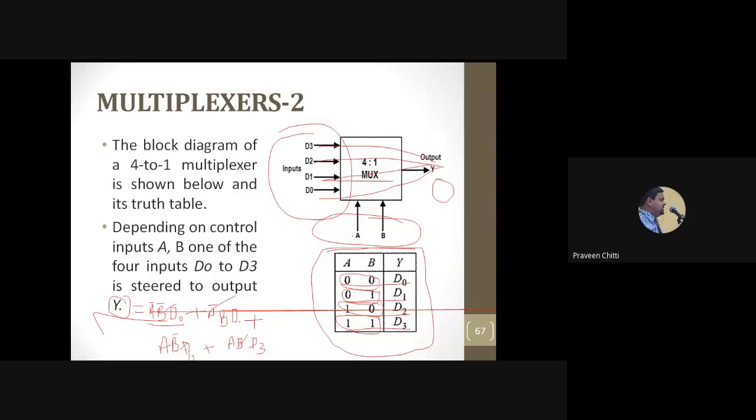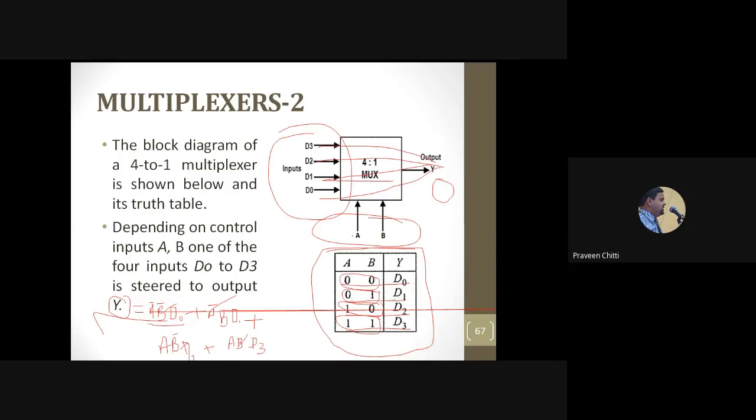You are going to get 8 product terms, but every product will now have 4 variables. Like here we had 3, in the previous we had only 2, and now you will be getting 4. Why 4? You will be getting 3 select line terms, and one of the inputs should be attached based on that combination. And then easily you can implement that again using basic gates.